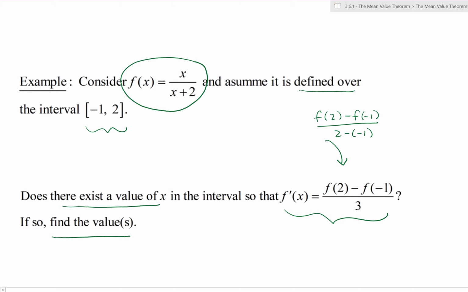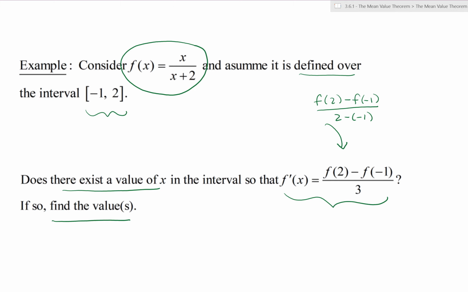Take note, this function, f of x equals x over x plus 2, is continuous on the interval -1 to 2. Now, it's not continuous for all real numbers. It's definitely not defined at x equal to -2, but because that's not part of our interval, we're good on that. We're continuous over the closed interval.